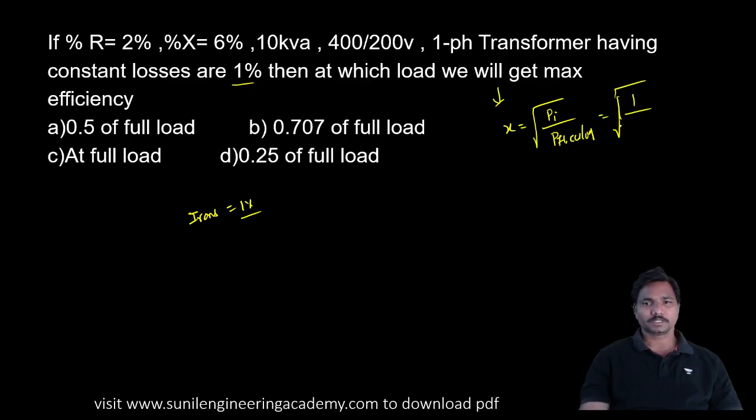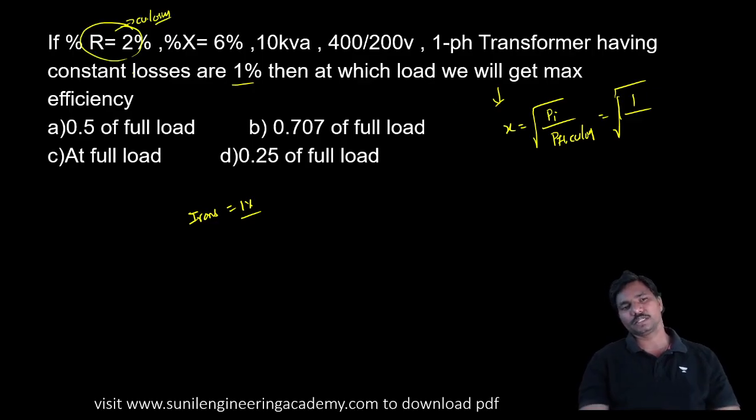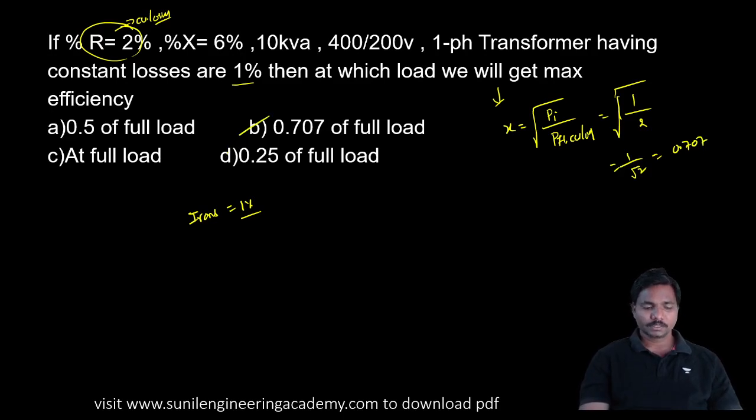Full load copper losses, given by percentage R, are nothing but the copper losses due to resistance, I squared R, and that is 2%. So 1 by 2 means 1 by root 2, that is 0.707 of the load. So the answer is option.